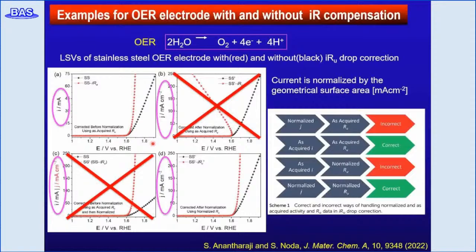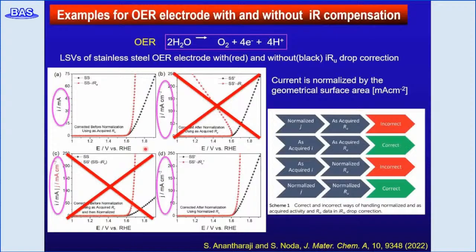If the electrode area is 1 square centimeter or so, the current obtained is already normalized by the system coupled with the electroanalysis. It is essential to normalize Ru too before it is used for IR drop corrections.